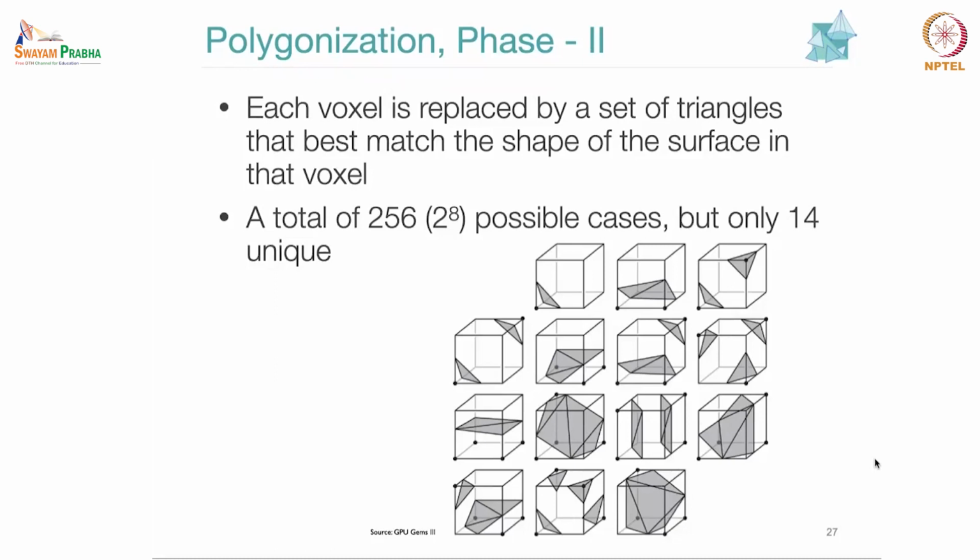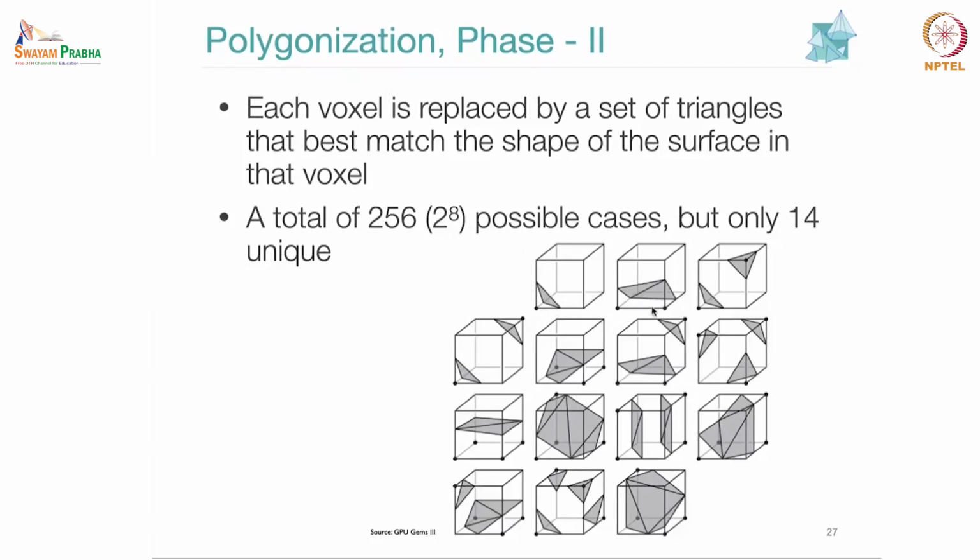Okay, so let's quickly see the first case. Let's focus on the first cube here. There's only one corner that's, let's say, positive and the rest are all negative. That means that the surface most likely passes through like a triangle cutting the corner, right?